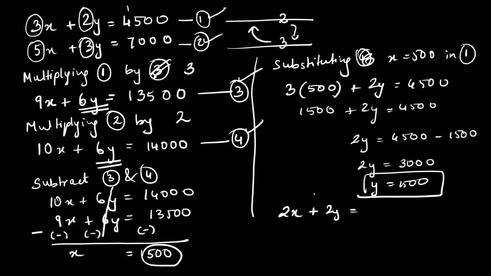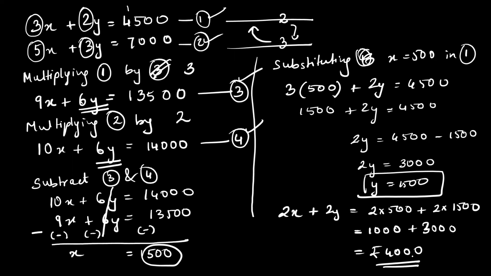So 2x means 2 into 500, the chair's cost, plus 2y means 2 into 1,500, the table's cost. If I multiply, 2 into 500 is 1,000, 2 into 1,500 is 3,000, and the total will be rupees 4,000. This is the final answer for the sixth sum.